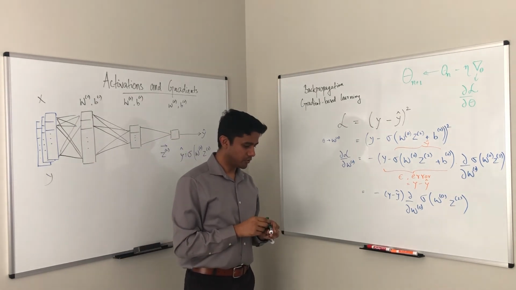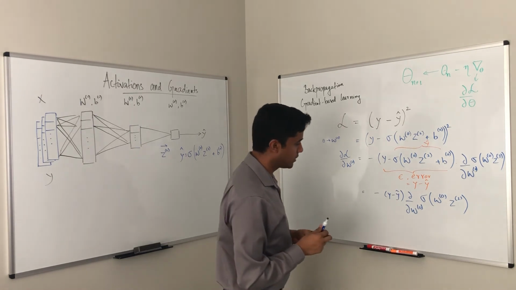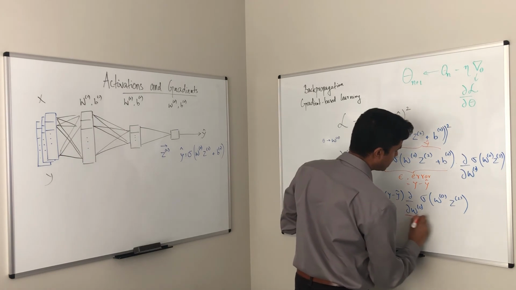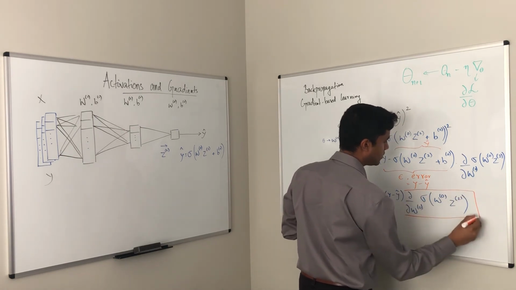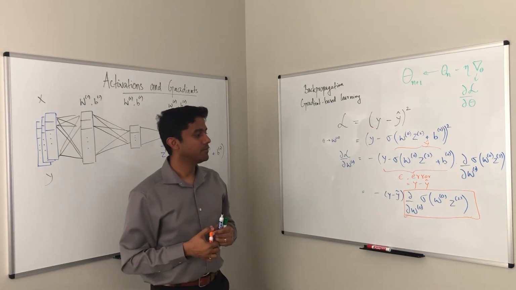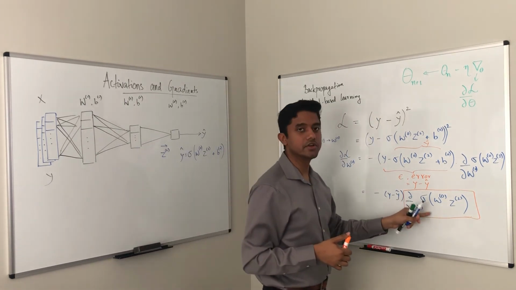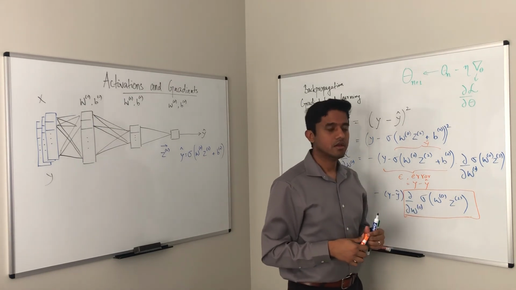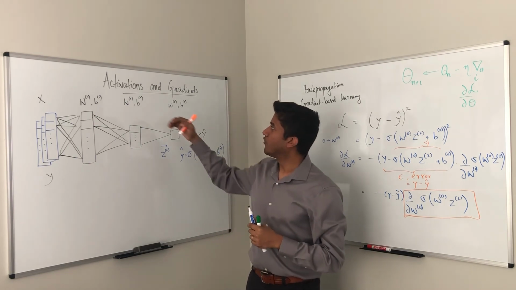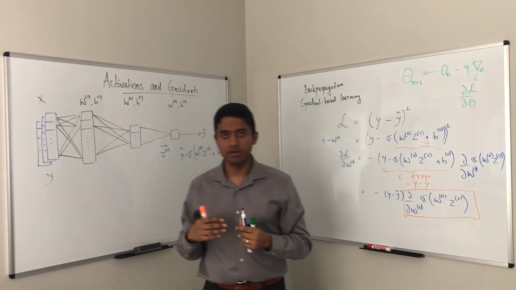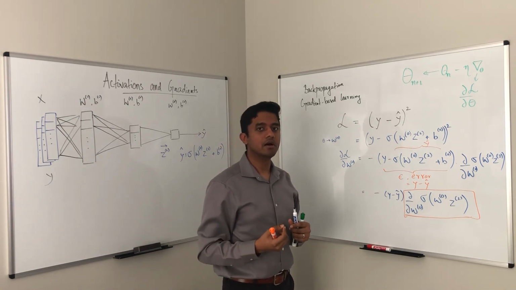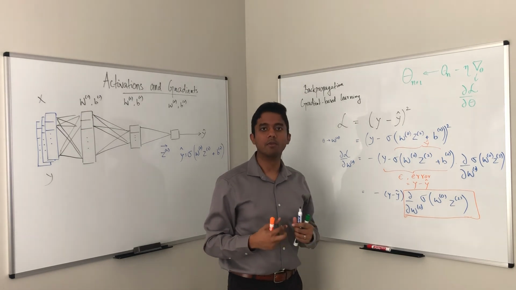Here, what I want you to pay attention to is this term. Here we are taking a derivative of the activation function. So take note that when we choose an activation, its derivative is going to play a role in our model estimation.